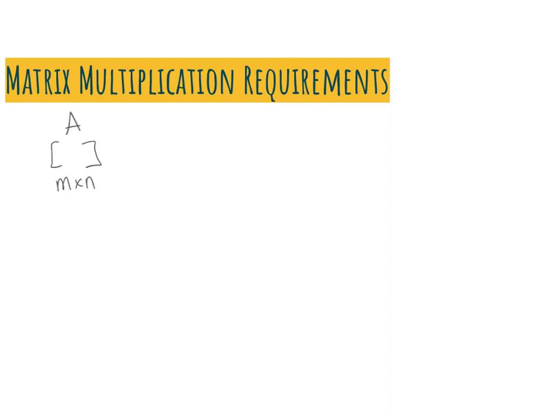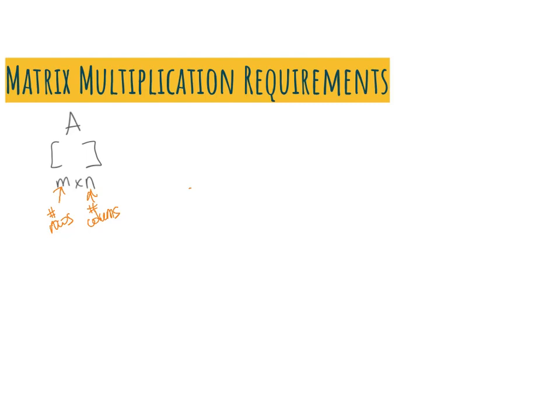So if we remember when it comes to order, the first number is the number of rows, and the second one is the number of columns. So in other words, matrix A has m rows and n columns.